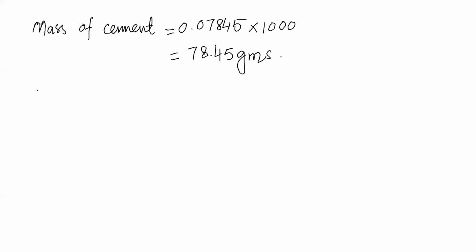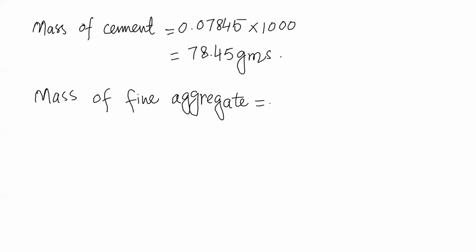And the mass of fine aggregate, that is sand, is equal to 3/4 into 0.3138. So it will be 0.23535 kg.